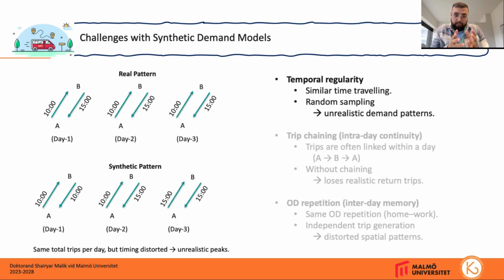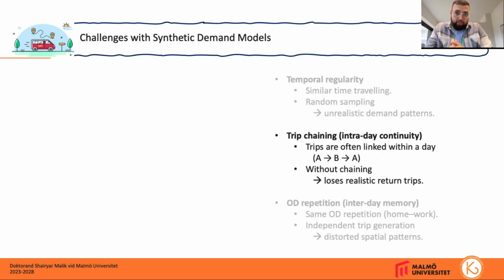We can underestimate waiting times when the trips are spread evenly, or if we do some random clustering, we might end up with overestimation. So instead of realistic morning and afternoon peaks, the synthetic data might produce flat or noisy patterns that no longer reflect the real behavior.